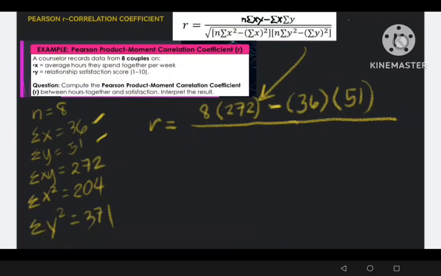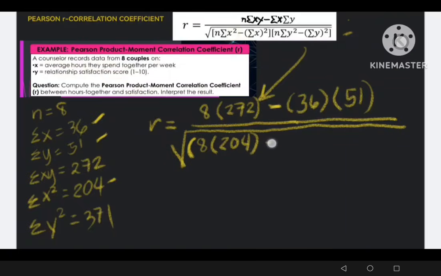And then, on the lower part here, we have the square root of, follow the bar there; you can also use parenthesis. They are the same, so input everything in the calculator. The value of n is 8 times summation of x squared, which is 204, minus summation of x.